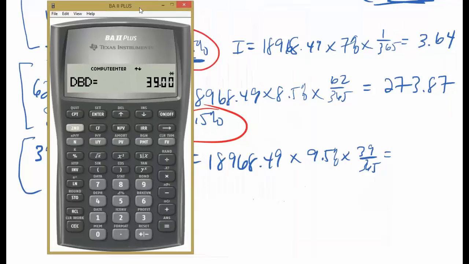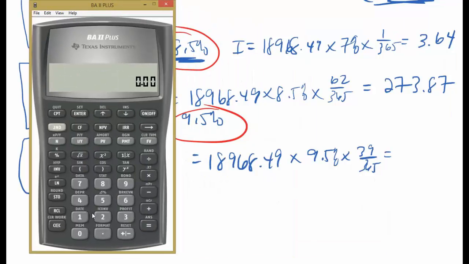So 18,968.49 times 9.5% times 39 divided by 365 equals $192.54. Store in number 9 for now.